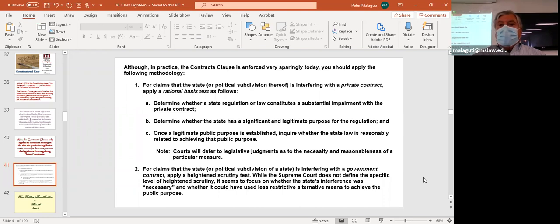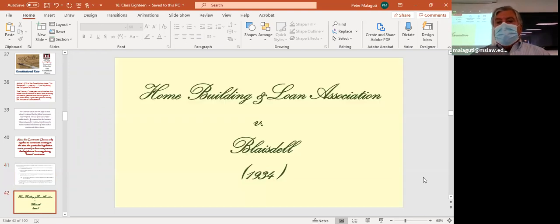So here, it's likely that if there's an interference with a government contract, the contracts clause will be applied and the act will be declared unconstitutional, okay?